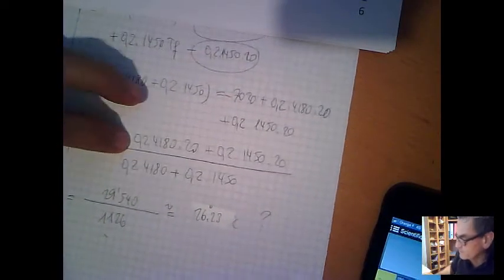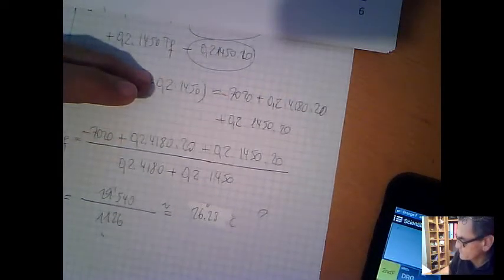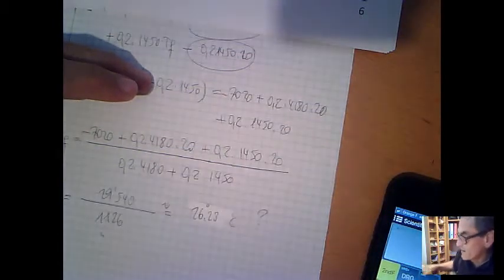If I do now 0.2 times 4,180 times 20 plus bracket 0.2 times 1,450 times 20, this is 22,750 minus 7,020. This gives me half. So this is much, much, much better.